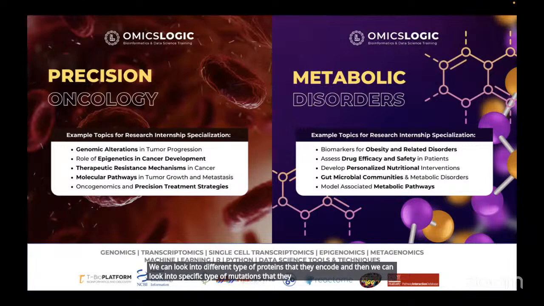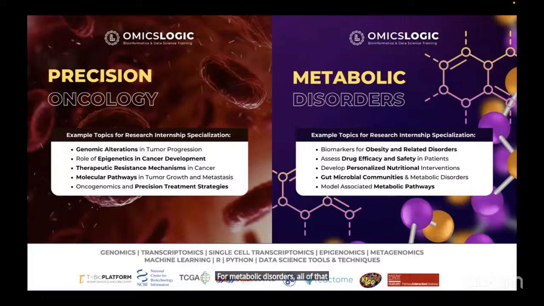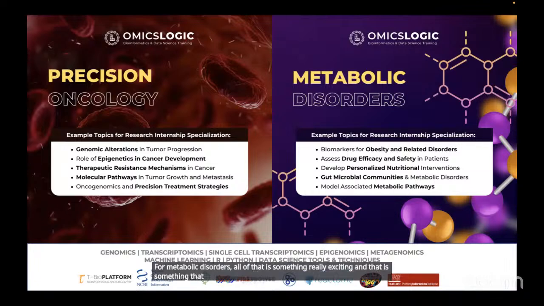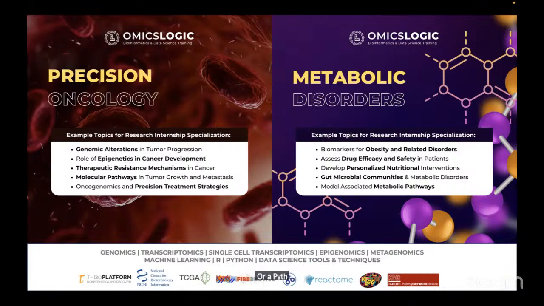So from genomics to structure biology, for precision medicine, for metabolic disorders, all of that is something really exciting, and that is something that we are capable of doing using all of these technologies that we've been talking about, from machine learning, using platforms such as R coding platform, or a Python coding platform, or an open source tool.